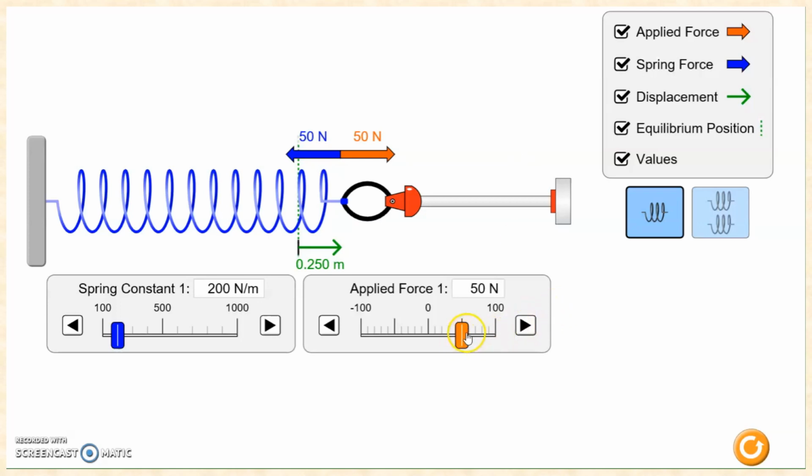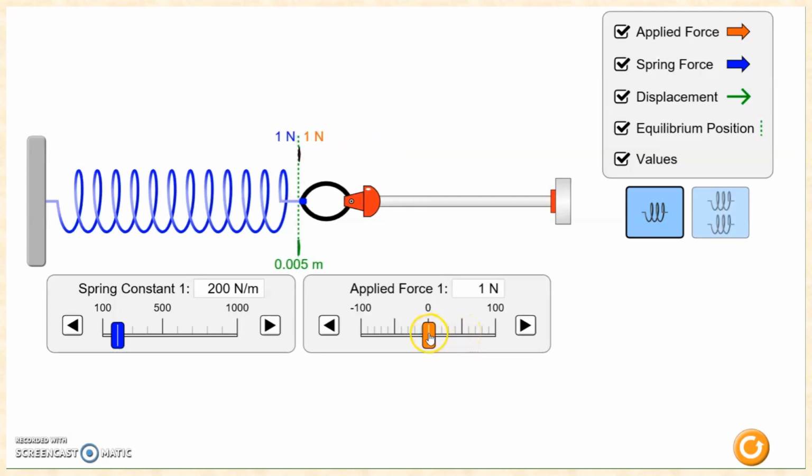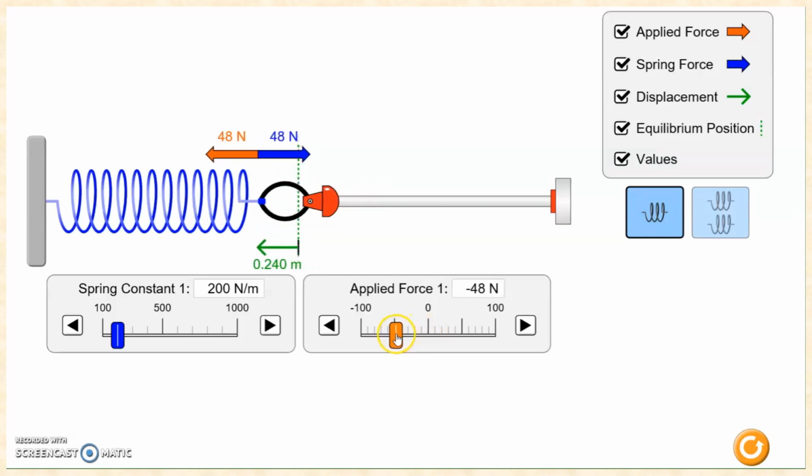Let's see what happens if instead of stretching the spring, we now compress it. Starting here from its equilibrium position, what if we exert a compression force of negative 50 newtons on the spring? There we go.